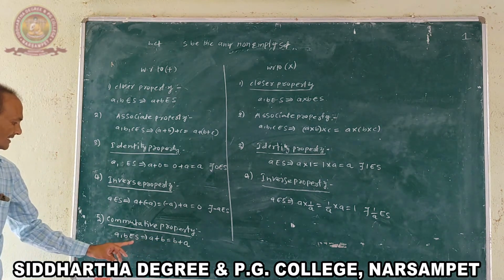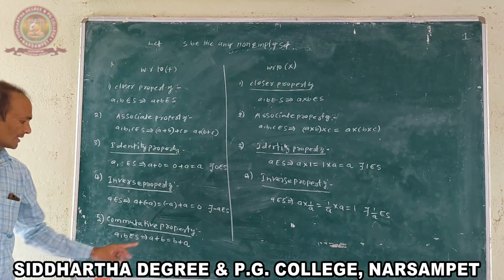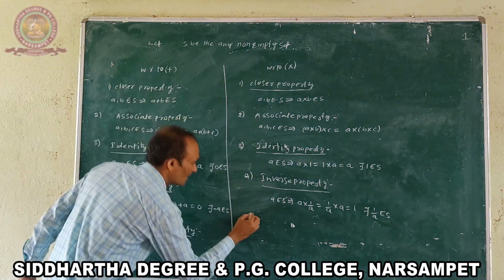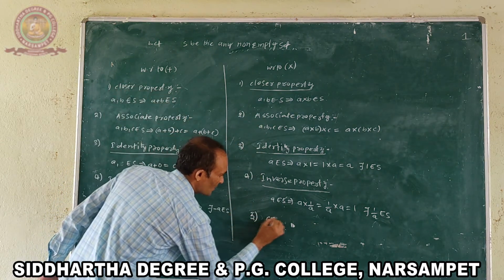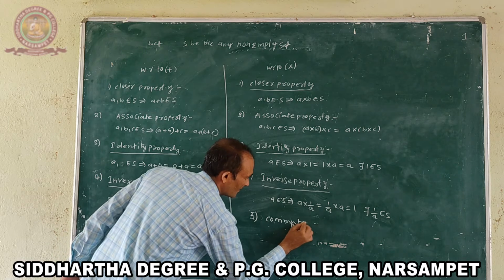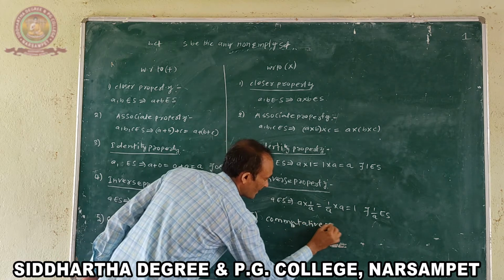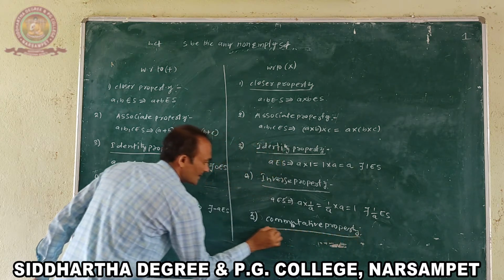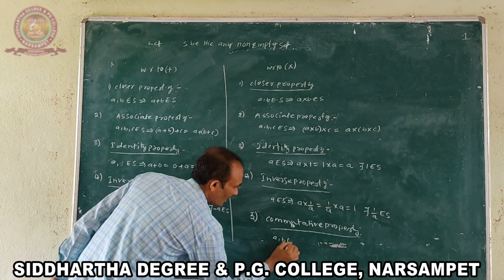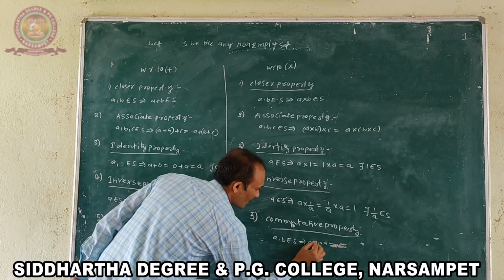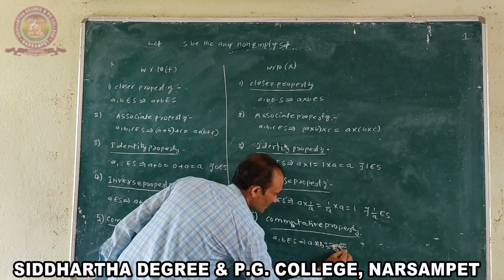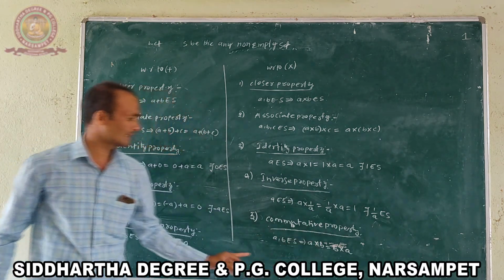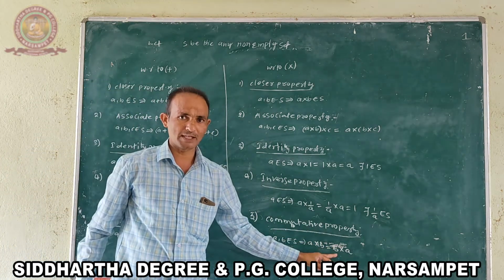Then S satisfies the commutative property with respect to addition. Similarly, in multiplication, commutative property: a, b which belong to S implies a into b is equal to b into a. Then S satisfies the commutative property with respect to multiplication.